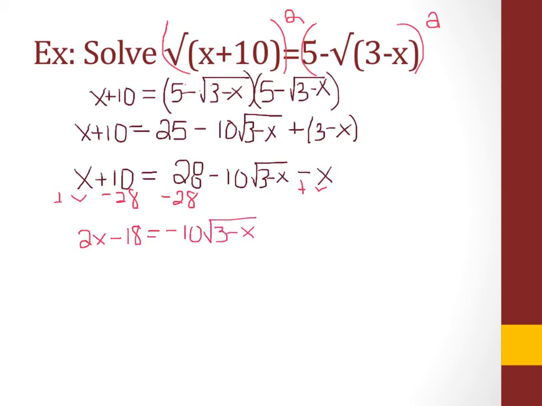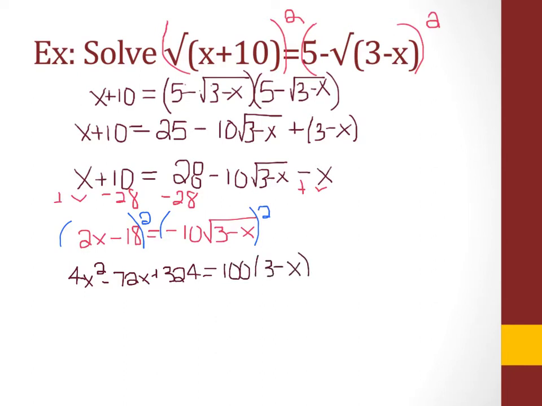Once again, to get rid of that square root we need to square both sides. Once we FOIL this left side, that would be 4x squared minus 72x plus 324 equals 100 times 3 minus x.